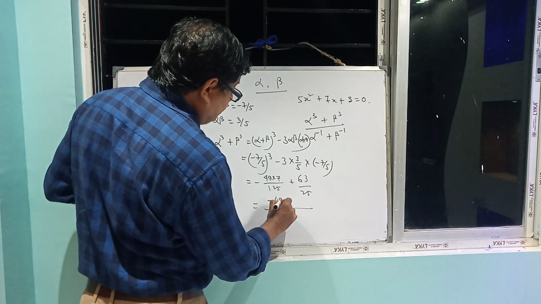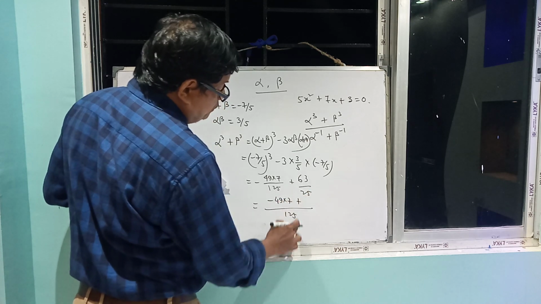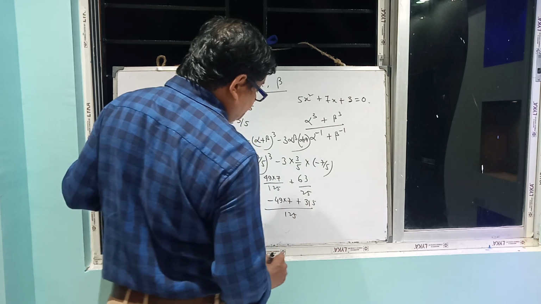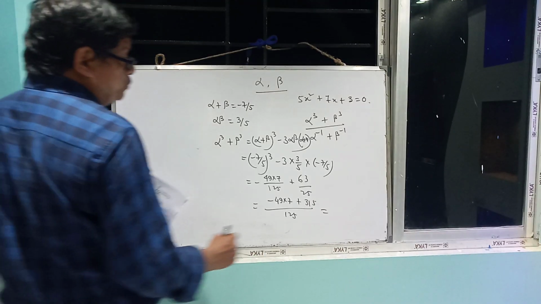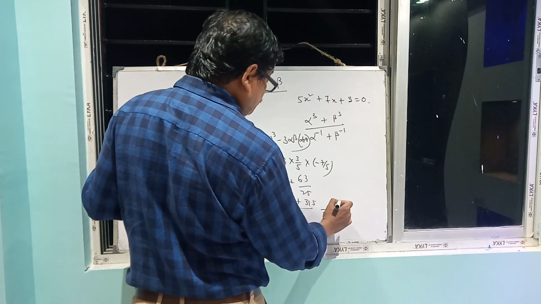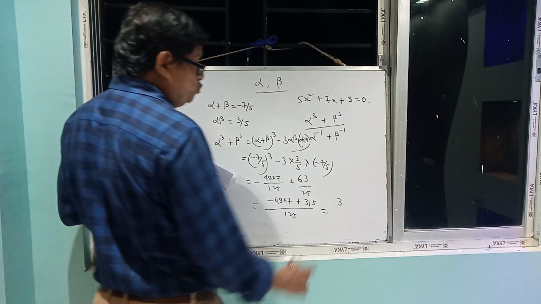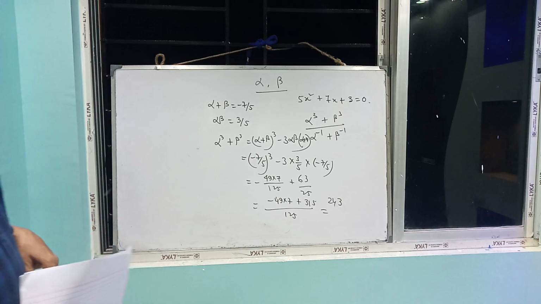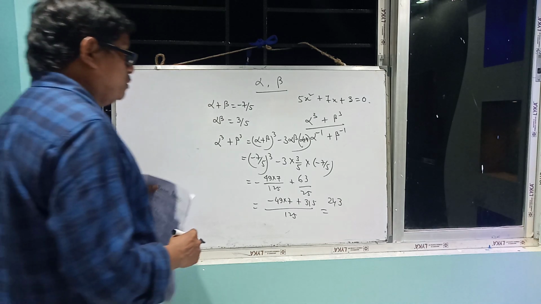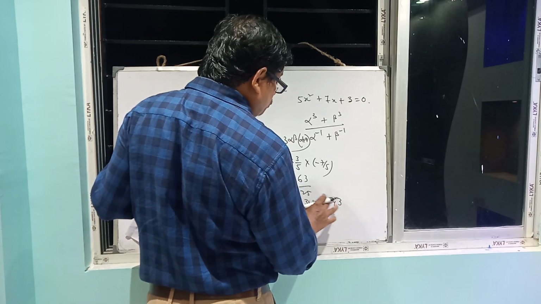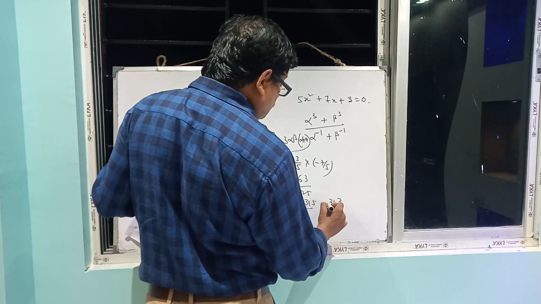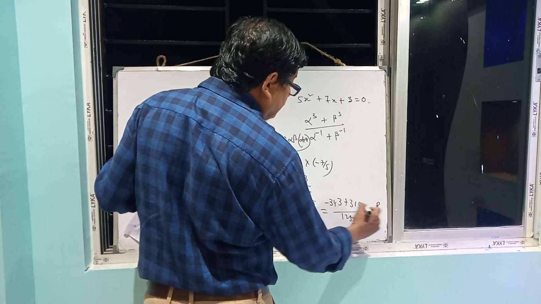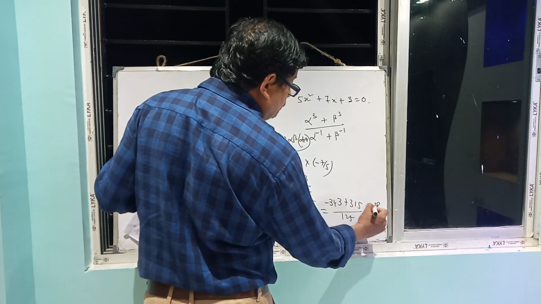So minus 49 into 7 plus 5 into 63, that is 315, so minus 343 plus 315 by 125. So minus 28 by 125.